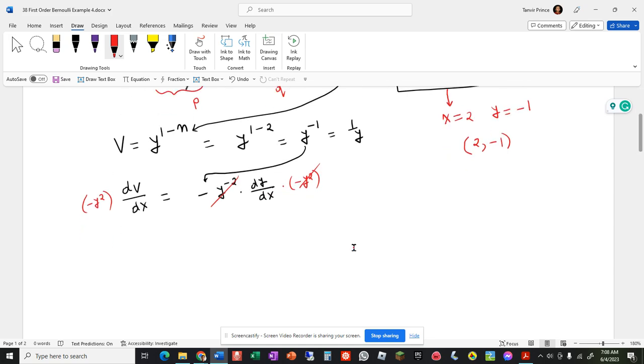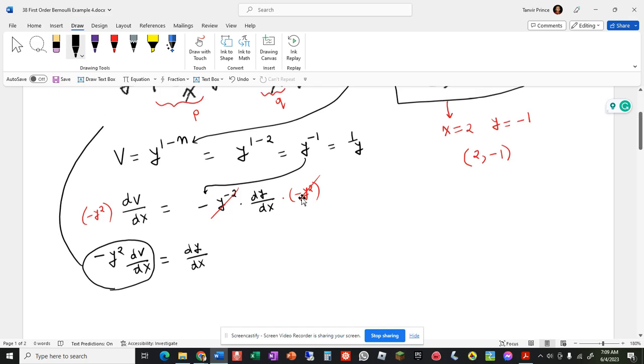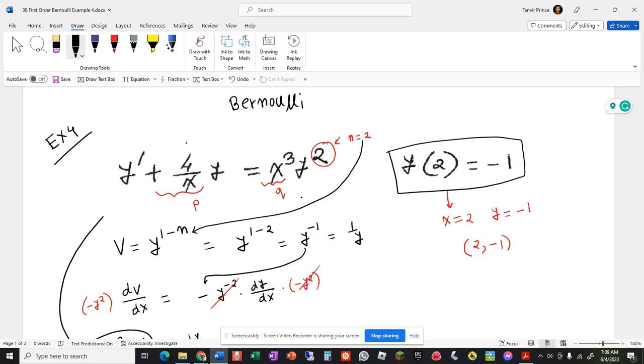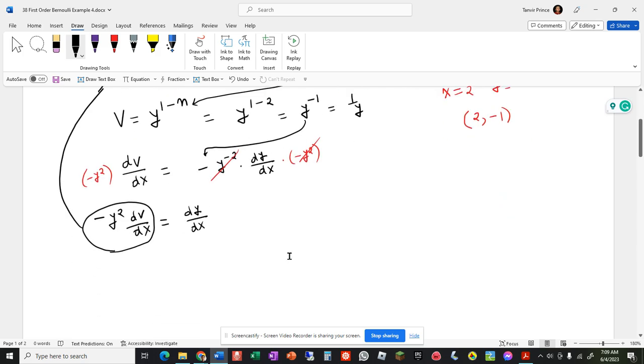So I have negative y squared dv/dx equal to dy/dx. In place of dy/dx, which is y prime, I substitute this.